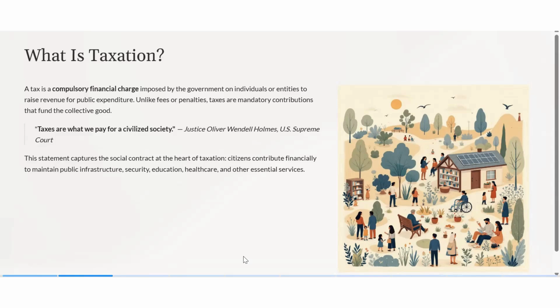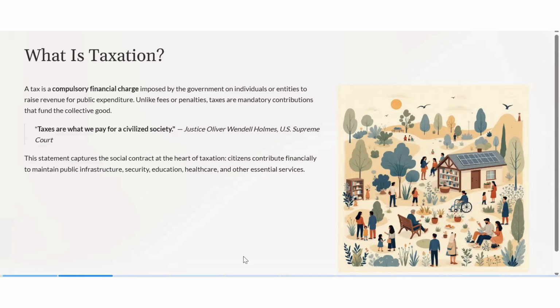Unlike fees or penalties, taxes are mandatory contributions that fund the collective good, the purpose of tax. So taxes are what we pay for a civilized society. That has been said, and a very popular statement coming from Justice Holmes, U.S. Supreme Court. And this statement captures the social contract at the heart of taxation.